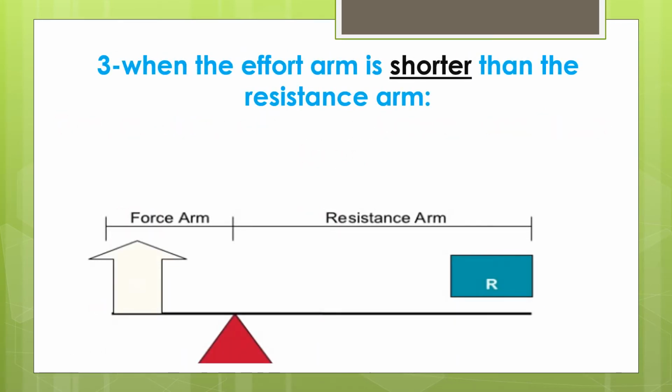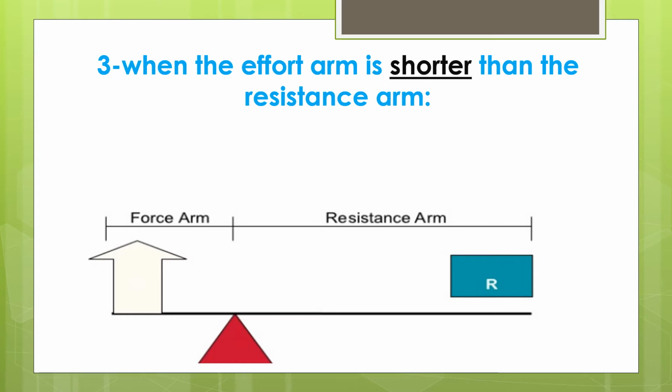Case number 3. When the effort arm is shorter than the resistance arm. Look at the picture. We can see that the resistance arm is longer than the effort force arm. Here in this case, the effort arm is shorter or smaller.